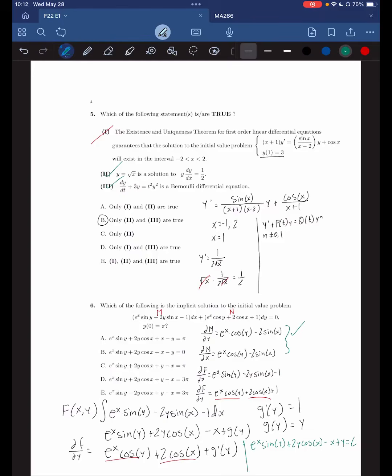Now let's plug in our initial value, right? So y of 0 is equal to pi. So let's just plug in x equals 0. And that's when y is pi. So e to the 0 is 1, sine of pi is, sorry, sine of pi is 0. This is actually just 0. 2 times pi is 2 pi, and cosine of 0 is 1. Minus 0 plus pi.